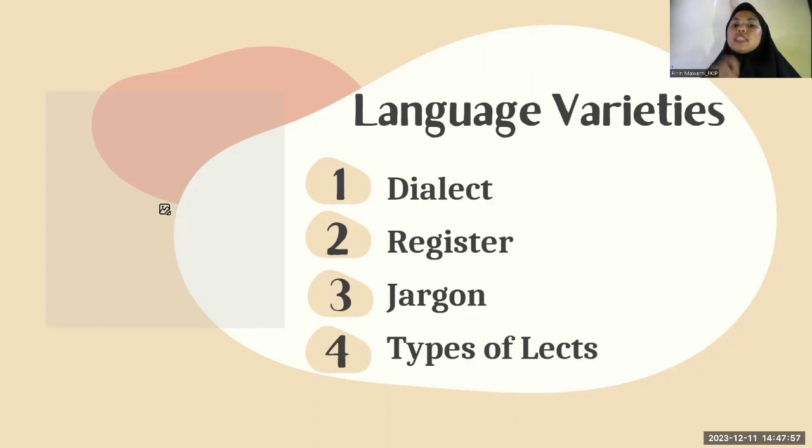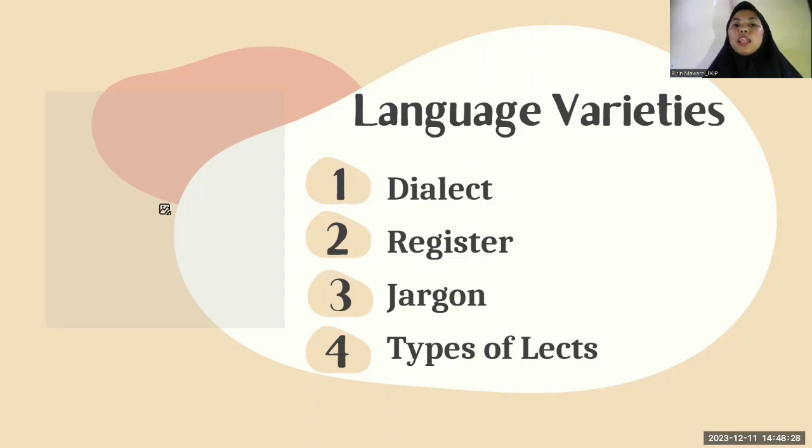This variation can manifest in terms of dialects, accents, register, slang, jargon, or even different languages altogether. Language varieties can include dialect, register, jargon, and also types of lect.